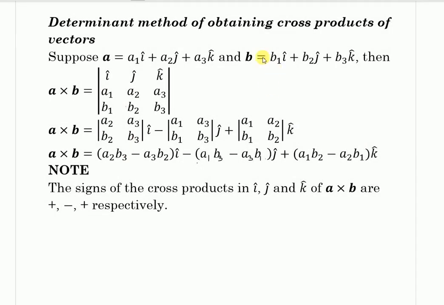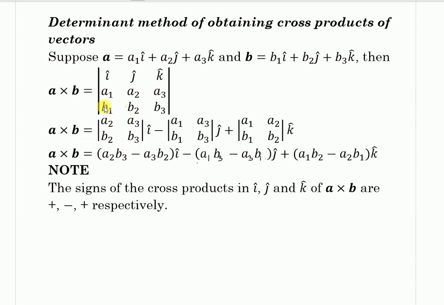There is a method we can use to determine the cross product of two vectors. It is known as the determinant method. If you have vector A with these components and vector B with those components, this is how we can render a cross product of two vectors. You just get the determinant. You know how you can determine the determinant of the 3x3 matrix. That is what we do, and we can get the cross product.